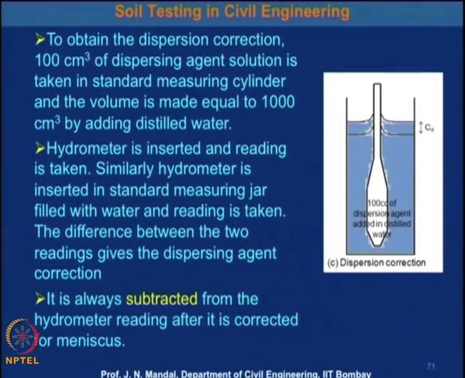To obtain it, 100 cubic centimeter of dispersing agent solution is taken in a standard measuring cylinder, and the volume is made equal to 1000 cubic centimeter by adding distilled water.